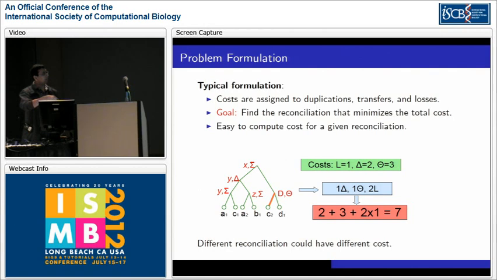If my costs for loss, duplication, and transfer are 1, 2, and 3, then I know that this reconciliation implies 1 duplication, 1 transfer, and 2 losses. So I can compute the reconciliation cost to be 7 in this case. And the task is to actually find the optimal reconciliation that minimizes this cost.